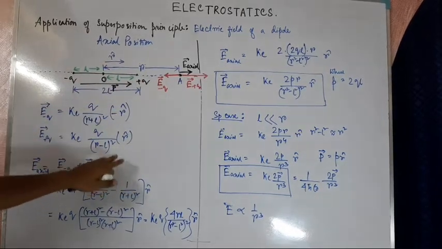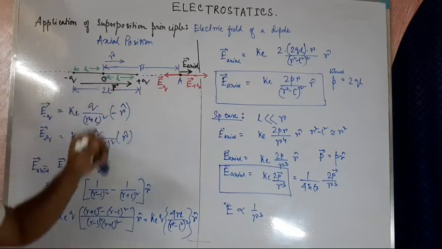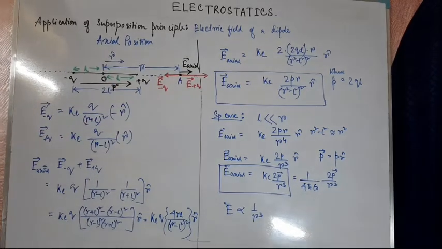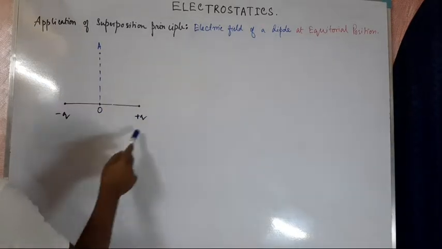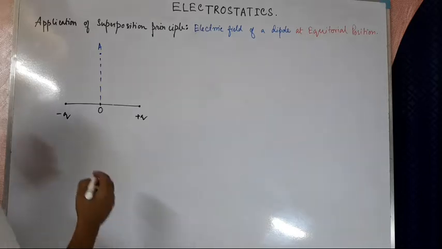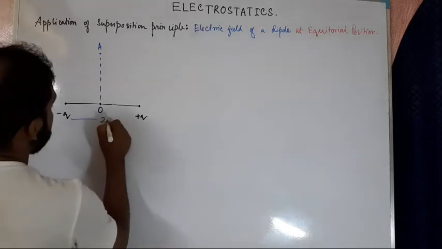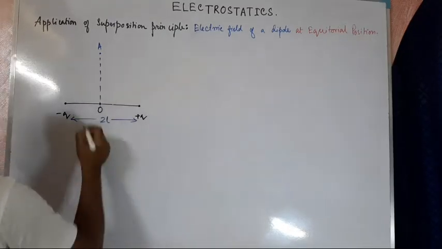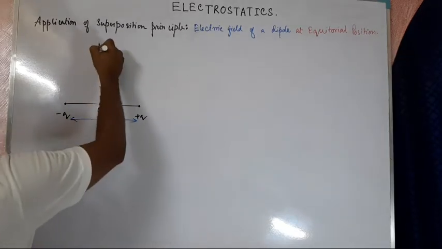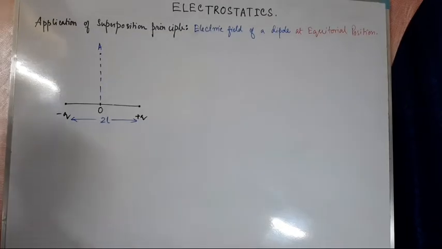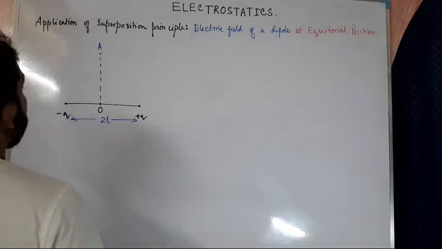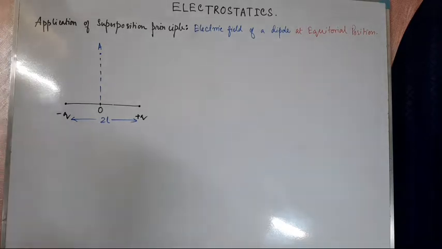Now we will start the electric field for the equatorial position. Look, it's a dipole. Its total length is 2L. And the point A is placed on the equatorial plane of this dipole, and we need to find the electric field at A. So the formula is the same. We have to apply the superposition principle.